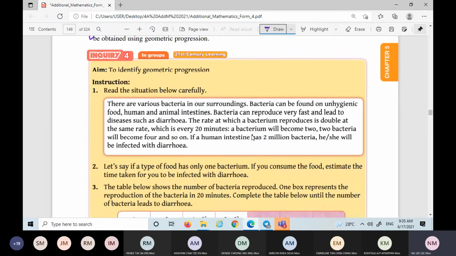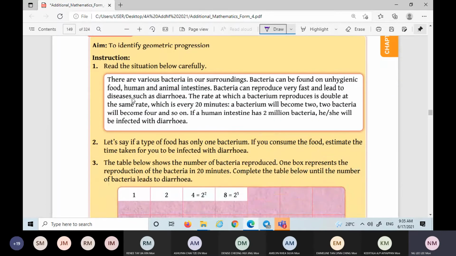So you see this another example. This is about bacteria. Okay, another example here. Same thing, this one also is double, so it means times 2. For every 20 minutes, the amounts are times 2, double.